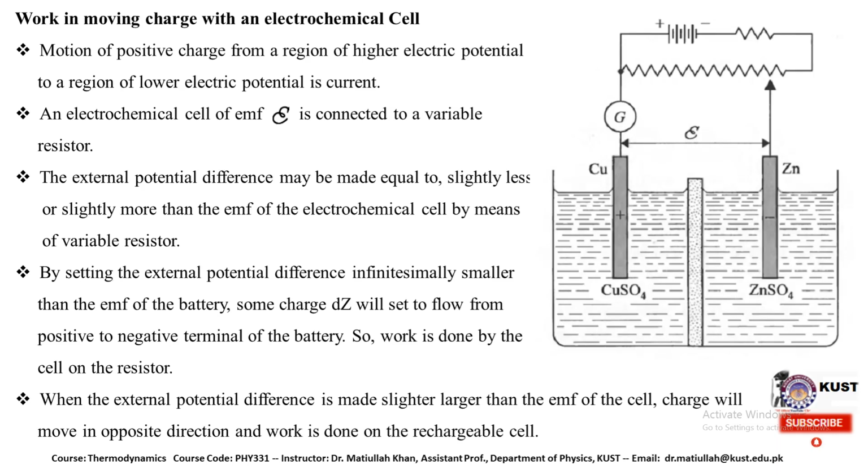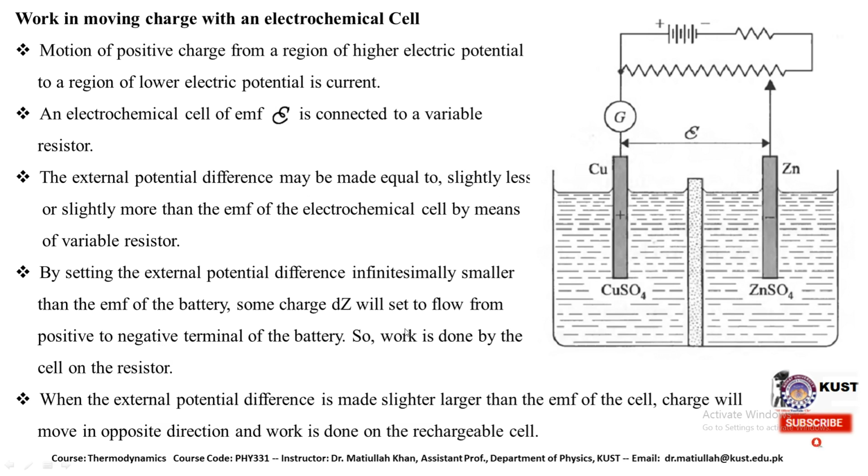Here we can see that if the external potential difference is made infinitesimally smaller than the EMF of the battery, then some charge will move across the conductor, and the direction of the charge will be from the positive to the negative terminal of the battery.